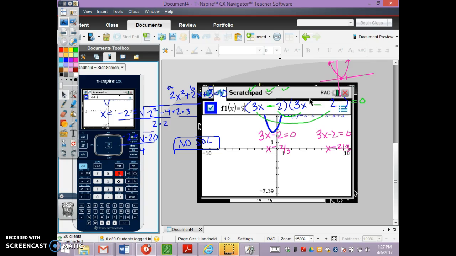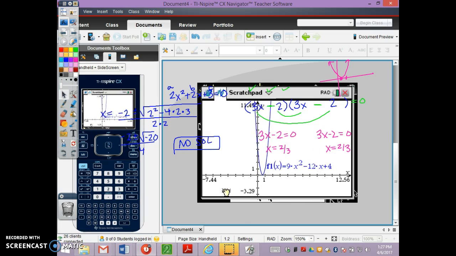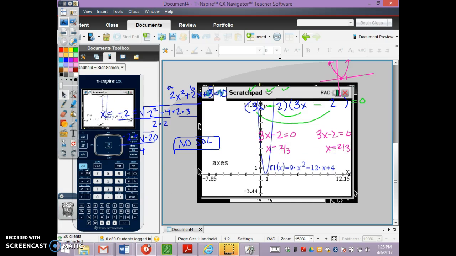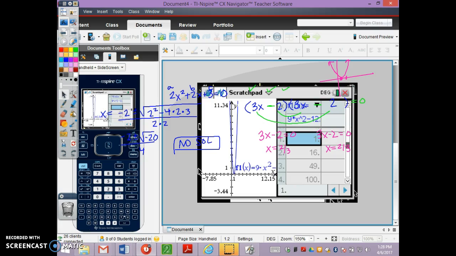So it was 9x squared minus 12x plus 4. Oh, there we go. Pull it down here so you can see it a little bit. So let's look at the table.